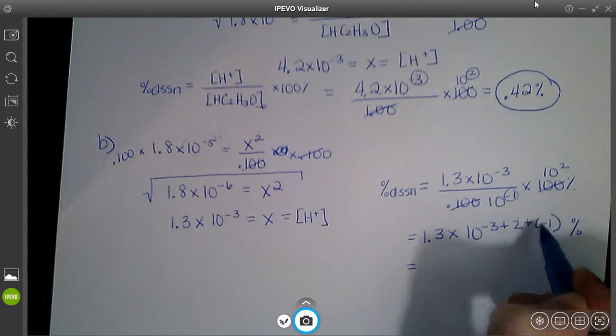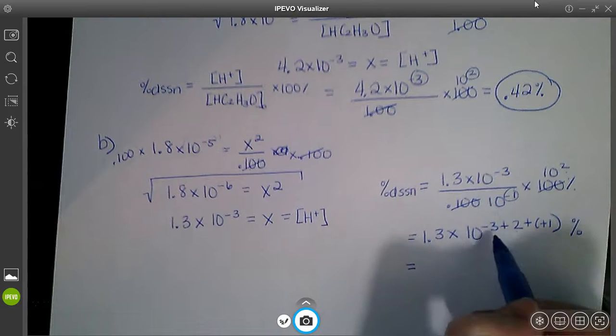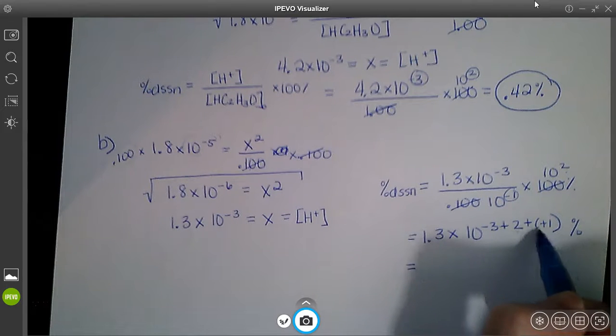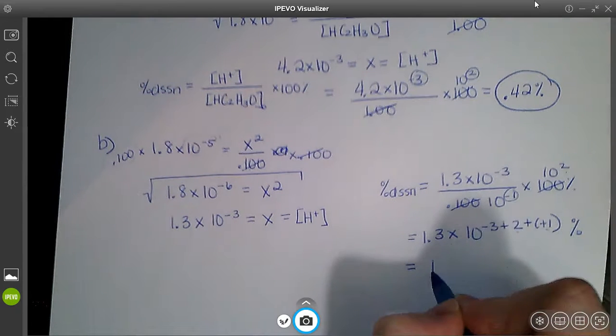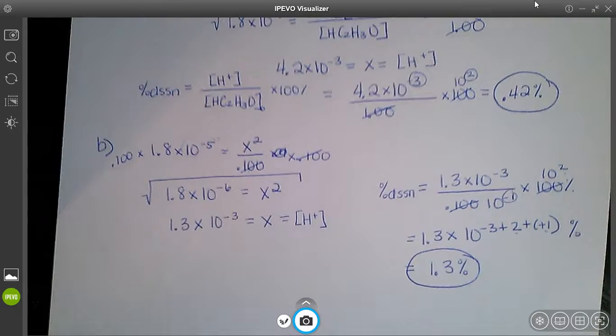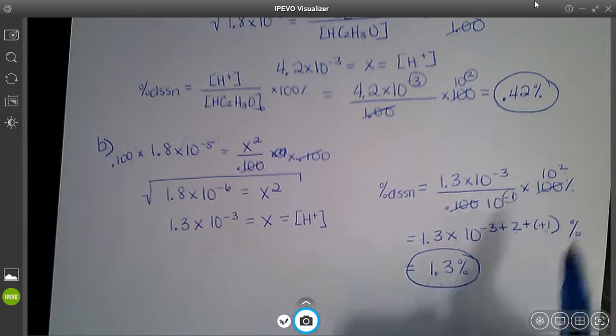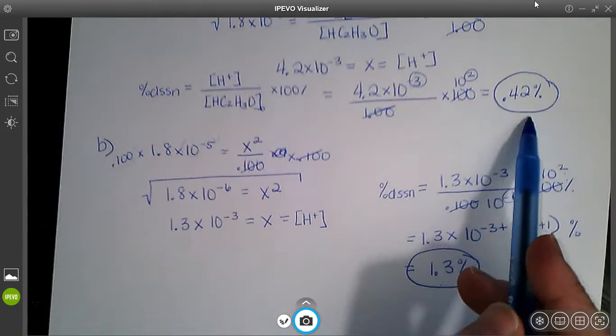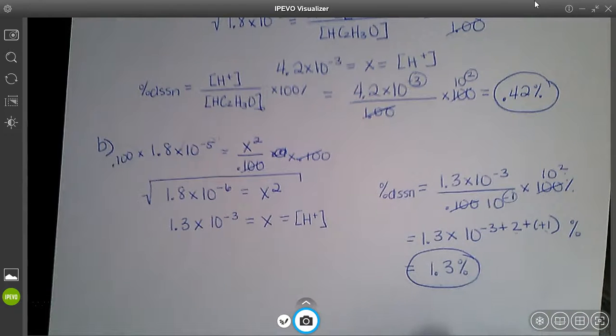Minus is plus. So negative 1 plus 1 is 0. So this is 1.3%. This dissociated more than 1%. This didn't even make it to 1%. So you can see that for a weak acid, the percent dissociation increases as the acid becomes more dilute.